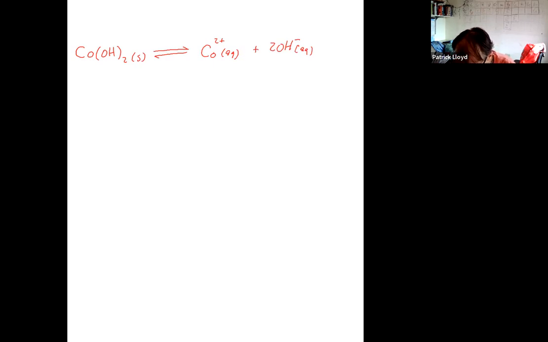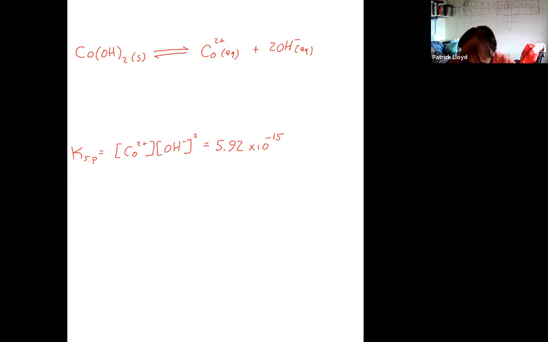Now, in the first part, they just say calculate the solubility given the Ksp values. So let's write out the expression for Ksp. Again, it's the concentration of the products, right? And if we look that up in the ALEKS data tab, we'll find that it's 5.92 times 10 to the negative 15. Okay, pretty straightforward so far.